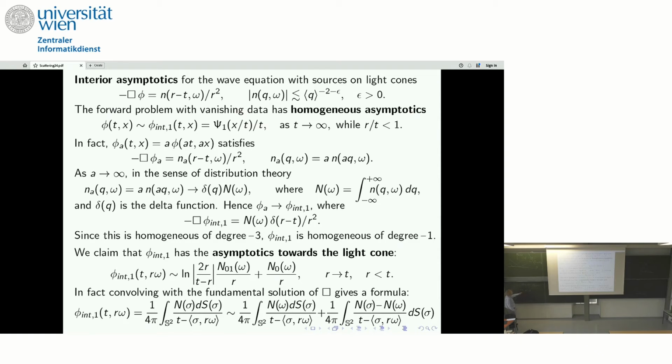I claim that this converges to delta of q times the total integral of n of q omega dq.